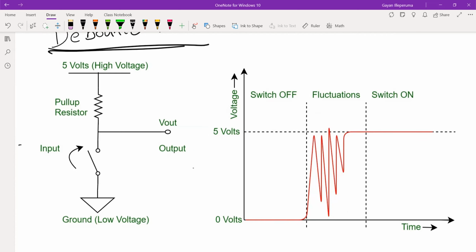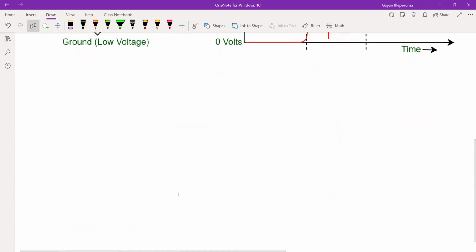So how can we reduce it? There are 2 different ways. One is if you're using software, let's say some microcontroller, then you can write a small code asking it not to change the status rapidly. For example, you can say once the input changes, wait for, let's say, 5 milliseconds before that pin becomes enabled again.